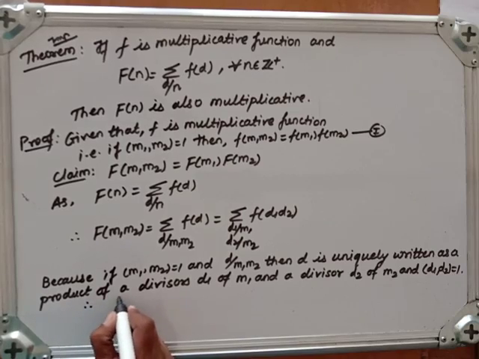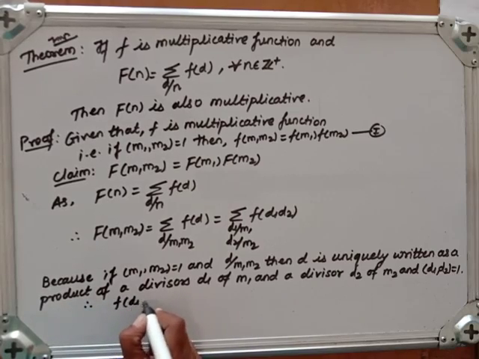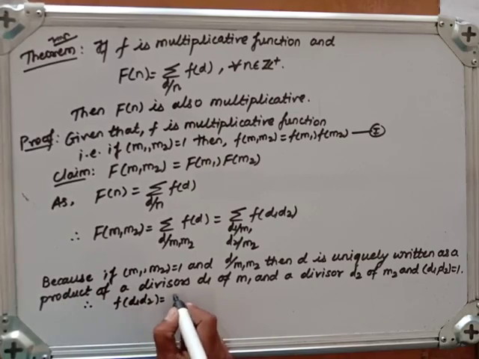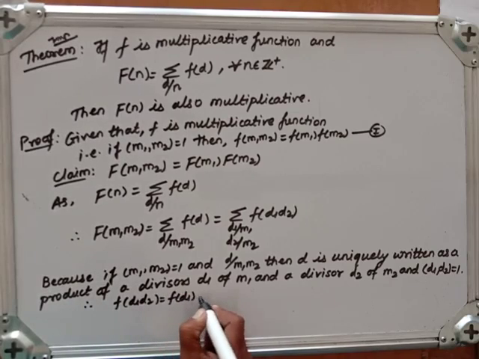Therefore, f of d1 d2 is equal to f of d1 into f of d2.